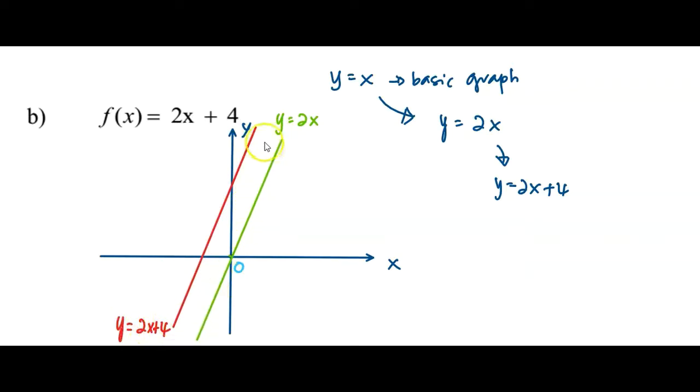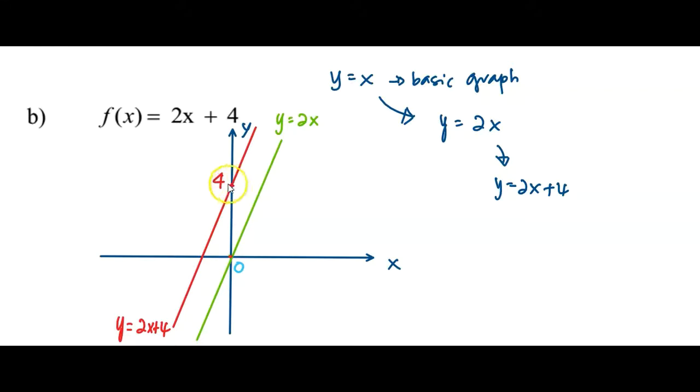What you can see is that my graph of y equals 2x plus 4 is parallel to the green graph, which is y equals 2x, but the location has changed. How do I change my location? I just move the point (0, 0) upwards by 4 units. So from (0, 0), it becomes (0, 4).